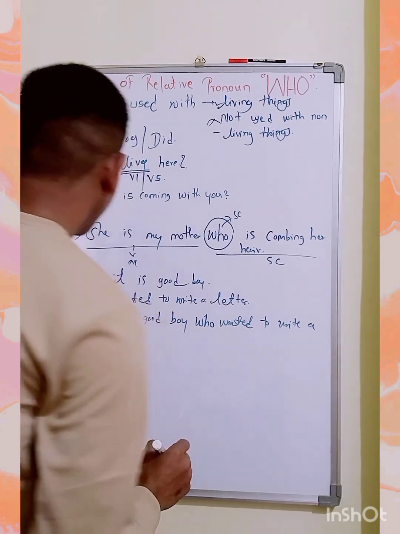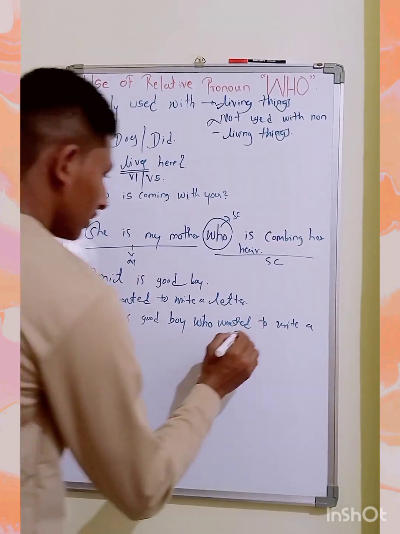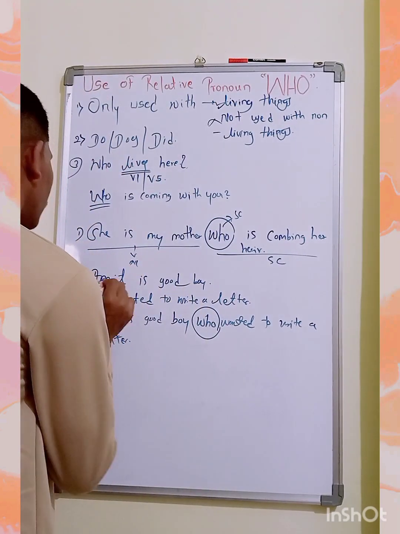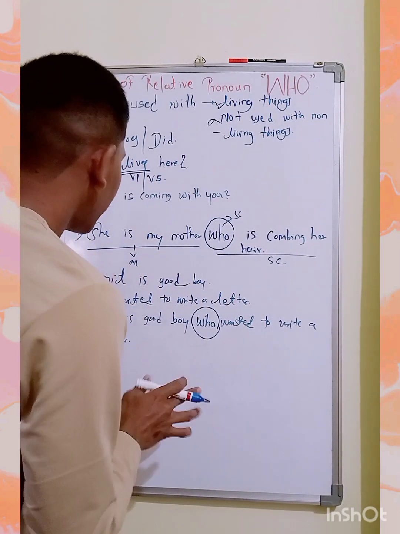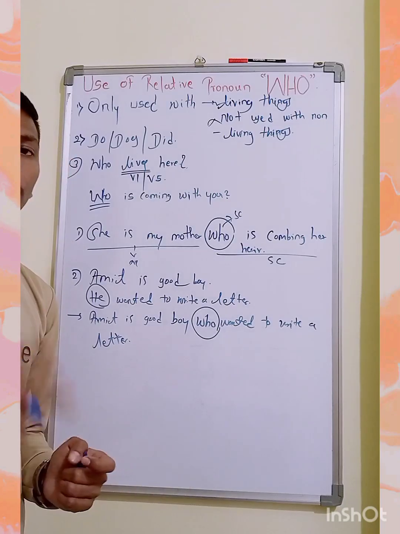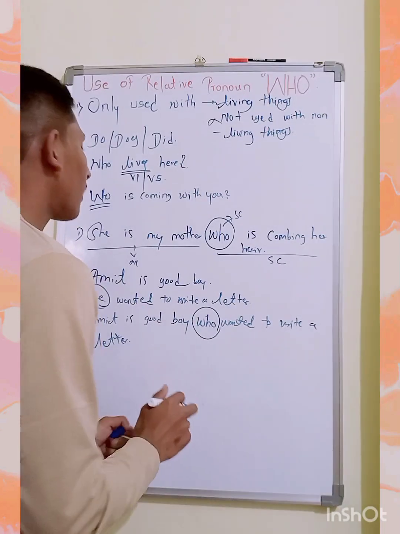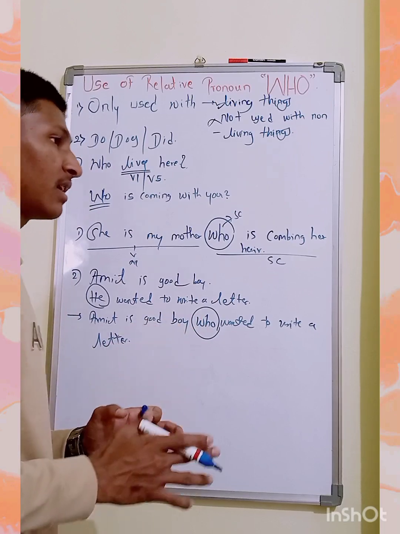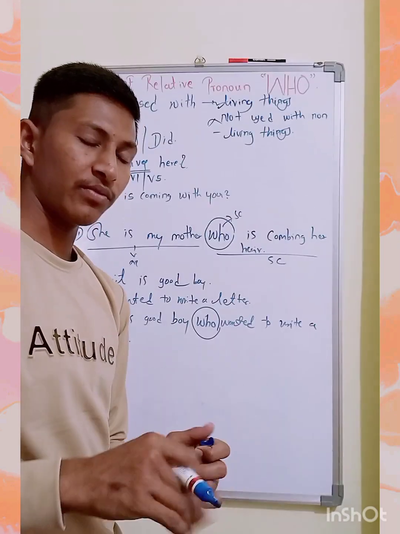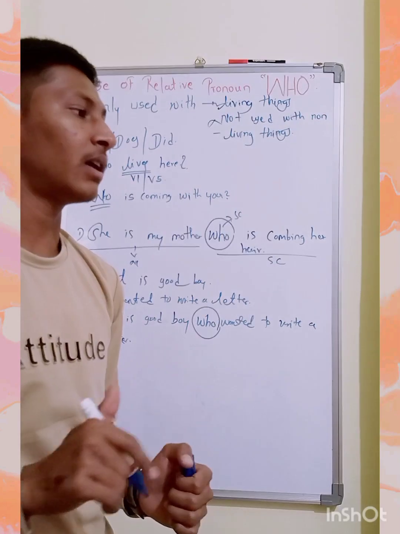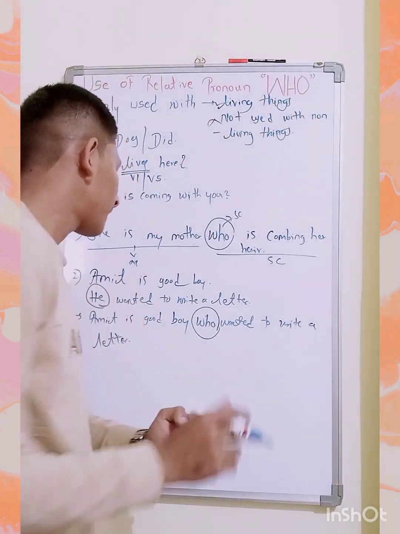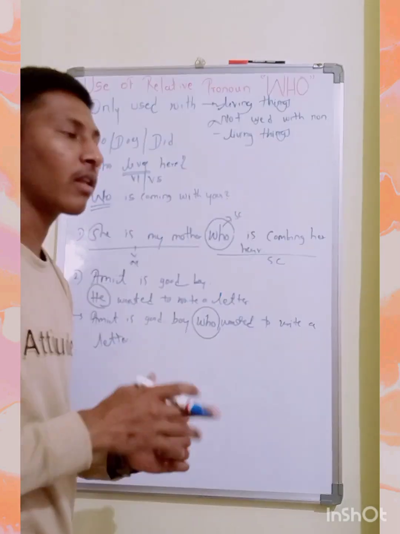So now what we did: the relative pronoun who replaces the word he and connects the two sentences. It acts as a bridge between two sentences, functioning like a needle in English grammar or in sentence framing.